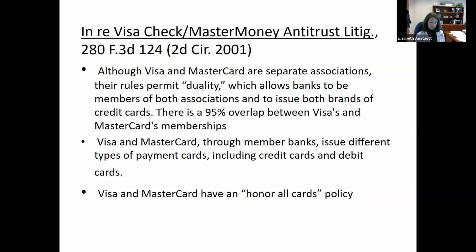And one of the things to know is that the fees on different types of cards vary. Even whether you have a silver card or a platinum card, the fees will vary, and whether you have a debit card or a credit card. And so the merchants made the argument that maybe they didn't want to accept all these cards, but because Visa and MasterCard had this same rule, they made them honor all the cards, which they would not do otherwise.